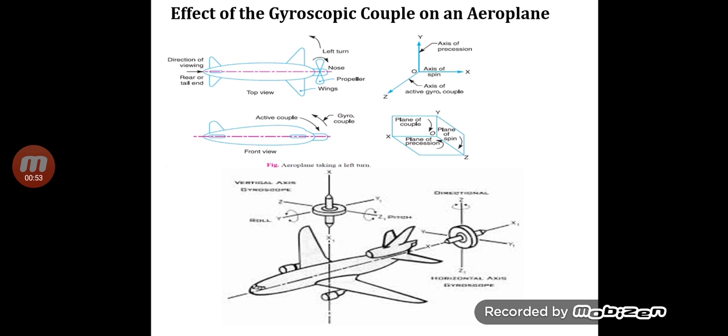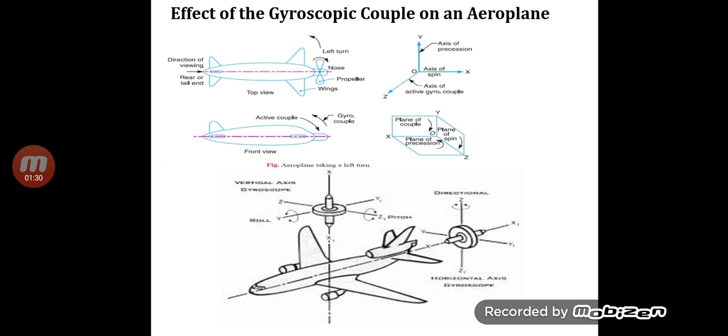We are going to see first of all the gyroscopic effect on aeroplane, then the gyroscopic effect on ship, and the gyroscopic effect on automobile, that is four wheelers, as well as two wheelers, and how that gyroscopic couple is used to have the stability of those vehicles, whether you take aeroplane, ship, automobile or two wheeler.